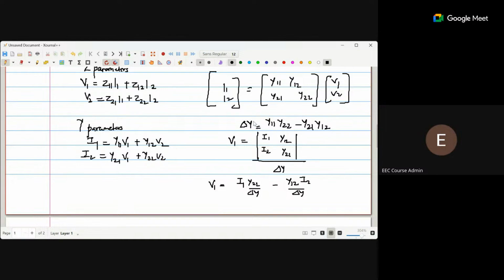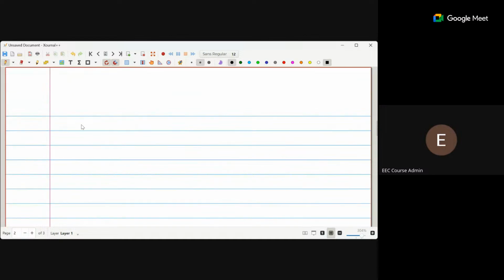Similarly, I can write V2 as Y11 Y21. Here I will replace the second column.